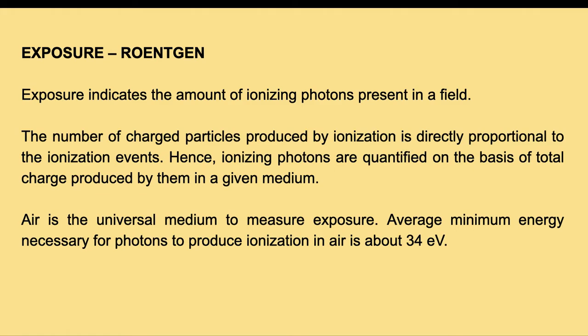That means 5 events, 5 charges. Hence, ionizing photons are quantified. That means they are measured on the basis of total charge produced by them in a given medium. And air is the universal medium to measure exposure. Average minimum energy for photons to produce ionization in air is about 34 electron volt.